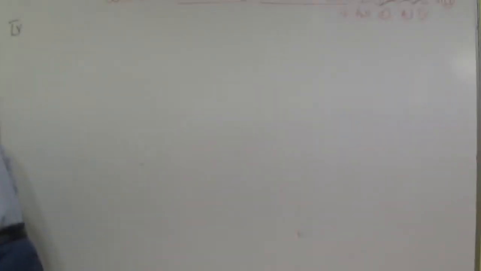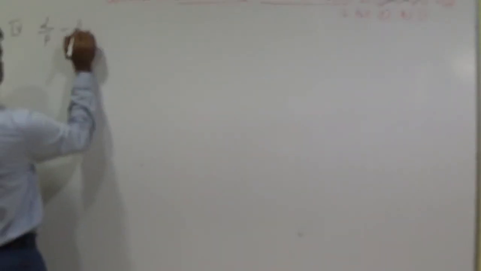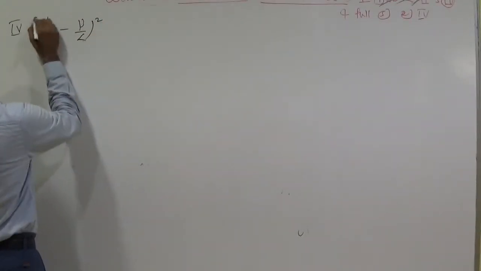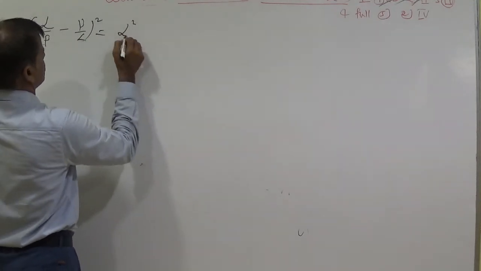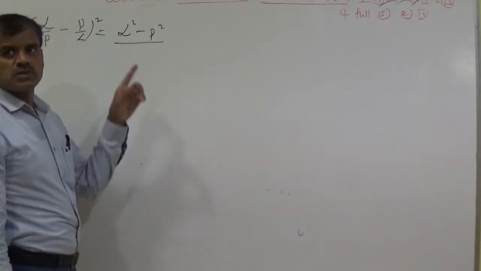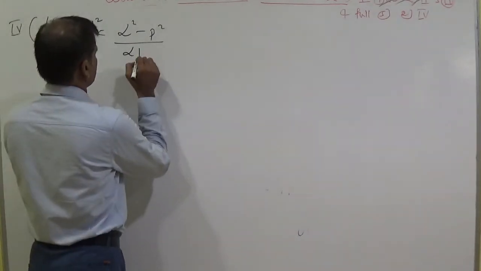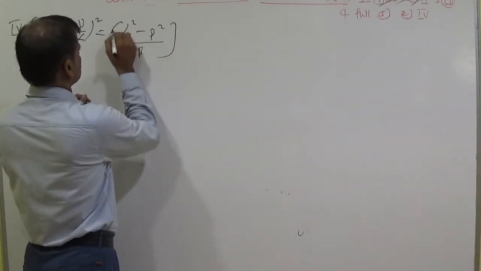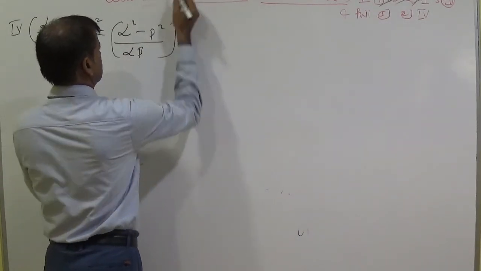Next one, fourth one. (Alpha by beta minus beta by alpha) whole square. You can write this one (alpha square minus beta square) by alpha beta total whole square.